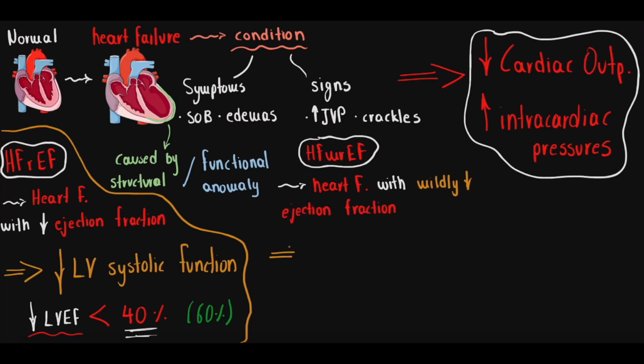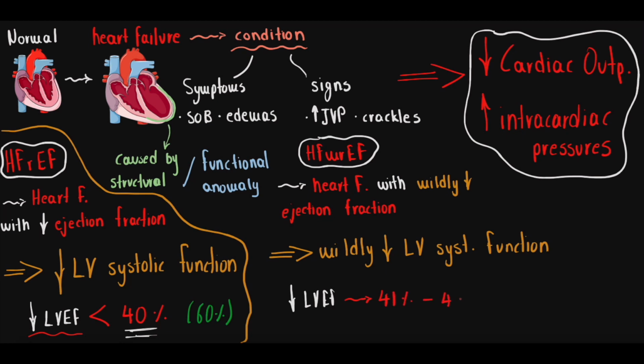As the name suggests, in this type of heart failure, we've got a mildly reduced left ventricular systolic function, which translates again into a decreased left ventricular ejection fraction, this time between 41 to 49%. Again, this is not very decreased, such as heart failure with reduced ejection fraction, it is mildly decreased. So this was the second type of heart failure, with mildly reduced ejection fraction.